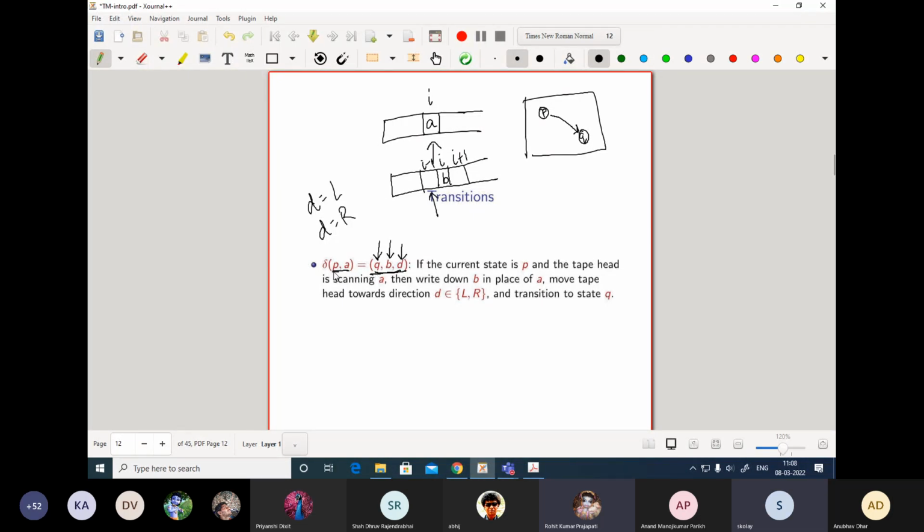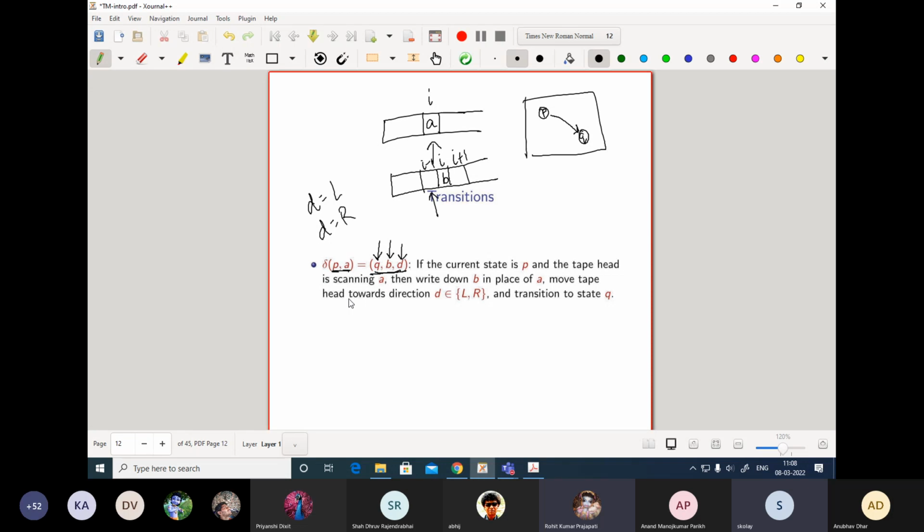If you are at state P and you are reading A at the cell that the tape head is pointing at, then the transition function tells you the next state you are going to go into, and what you are overwriting A with.